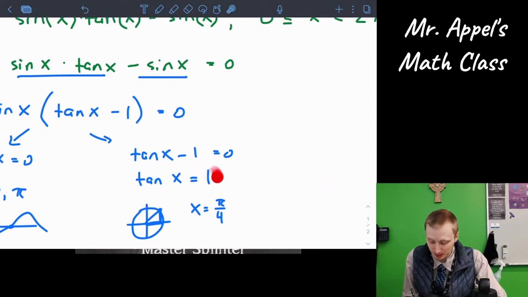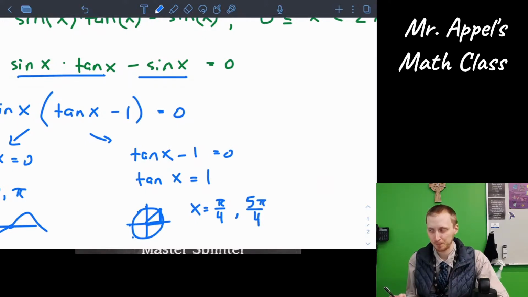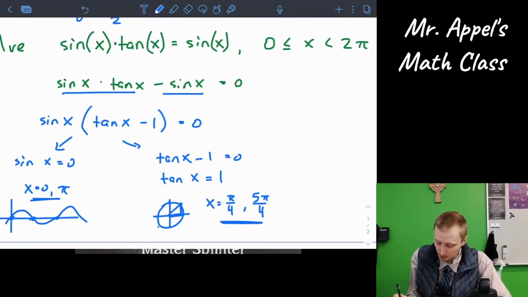X equals, what about here? No, that's got to stay positive 1. So it's going to be down there in the third quadrant. So 1, 2, 3, 4, 5. 5 pi over 4 is my other one. Right. So then we've got to combine all 4 of these.